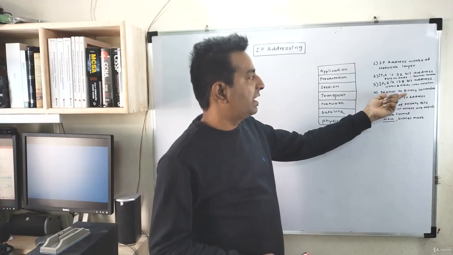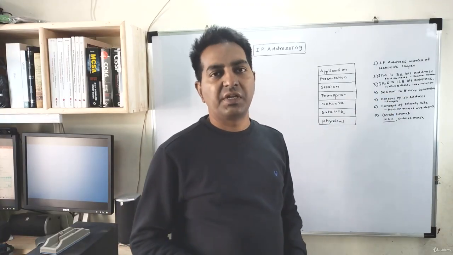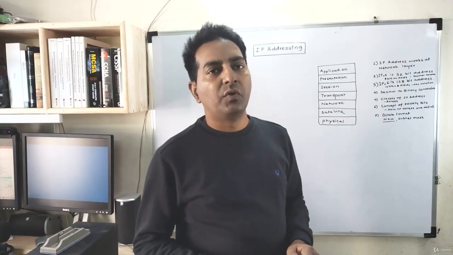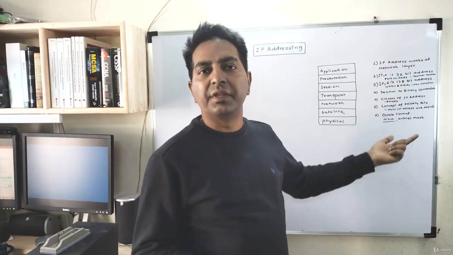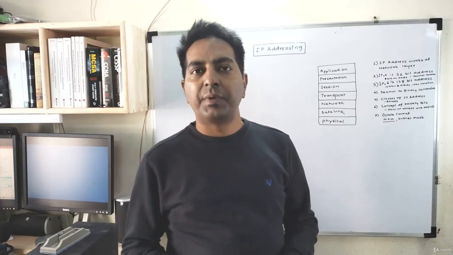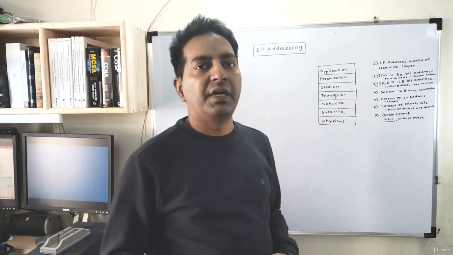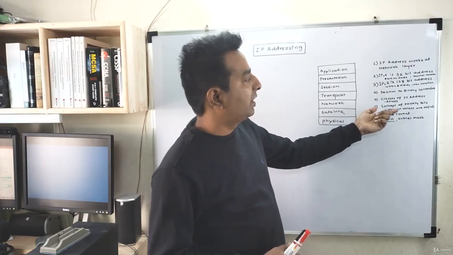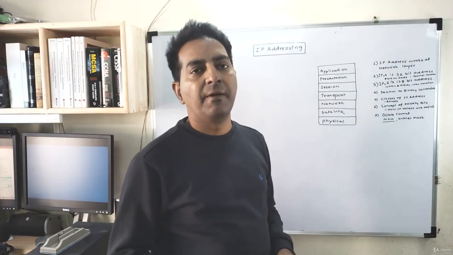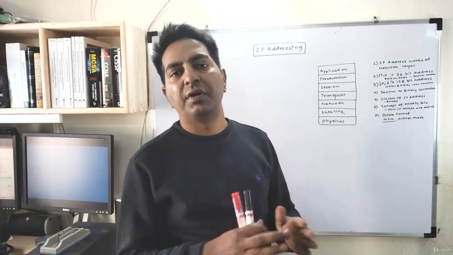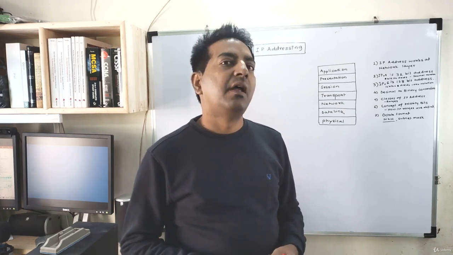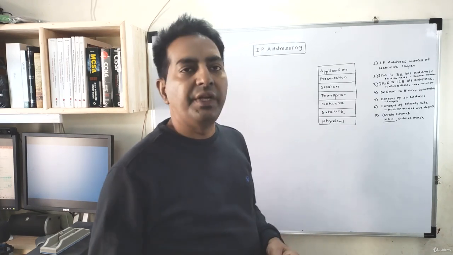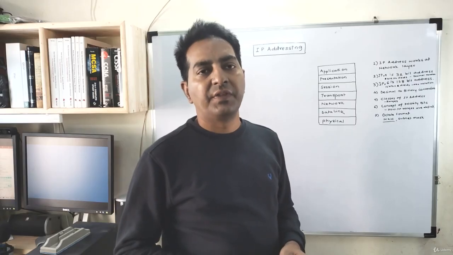Once you understand how a decimal number is converted into binary, we'll discuss the concept of priority bits. Once you understand that, we will move on to the next section to understand how different IP classes are defined, what their ranges are, and how we can use them in our day-to-day life.